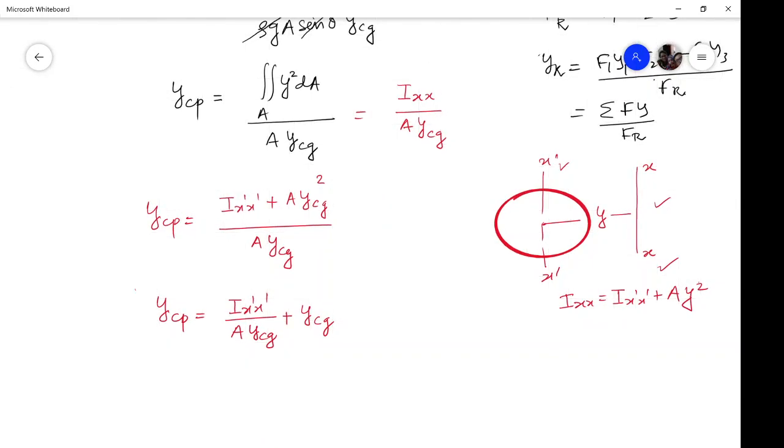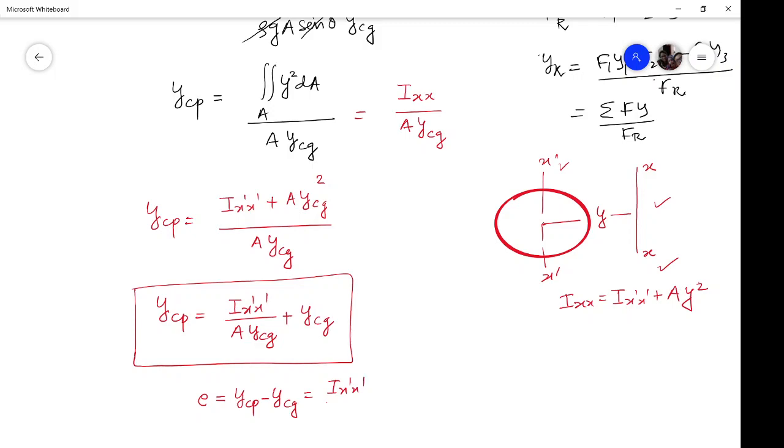Now you can very well appreciate the fact that the y center of pressure is lying below the y center of gravity, and this is what we call the eccentricity of center of pressure from the center of gravity. That is, the resultant pressure force will be acting below the center of gravity. So this eccentricity is what I x prime by A y center of gravity.